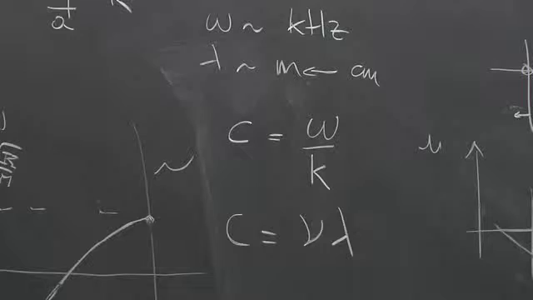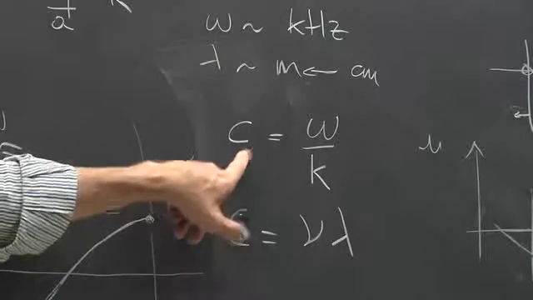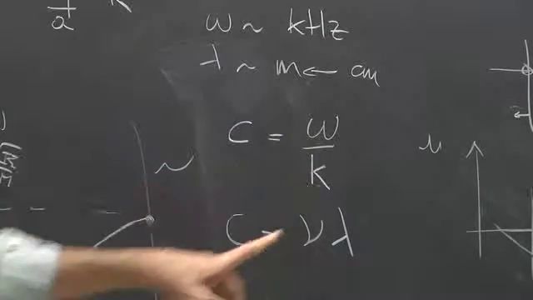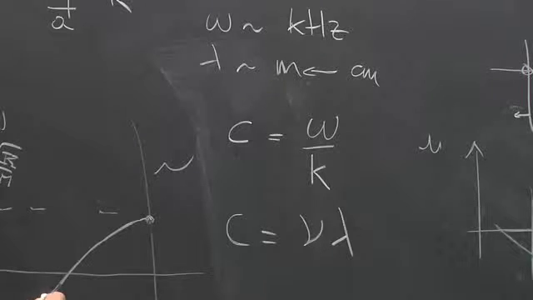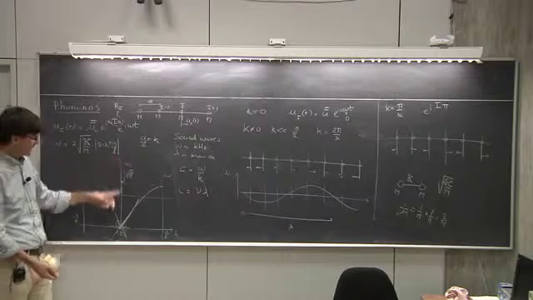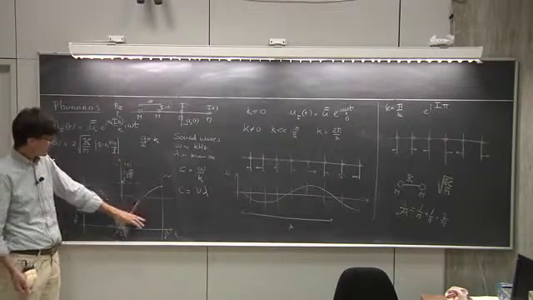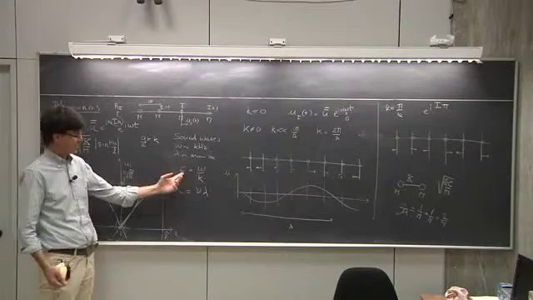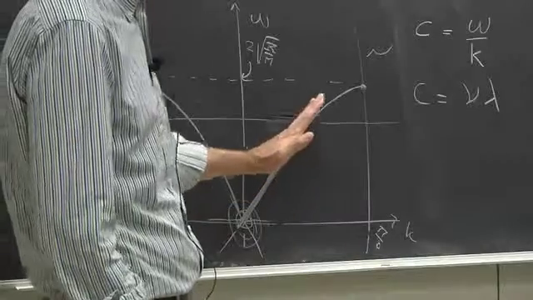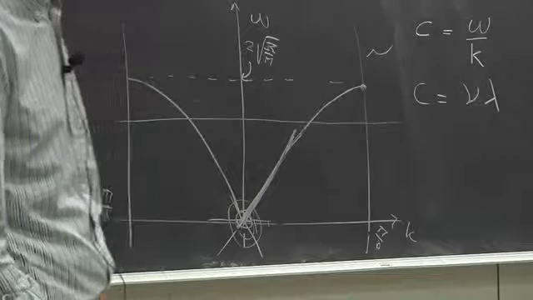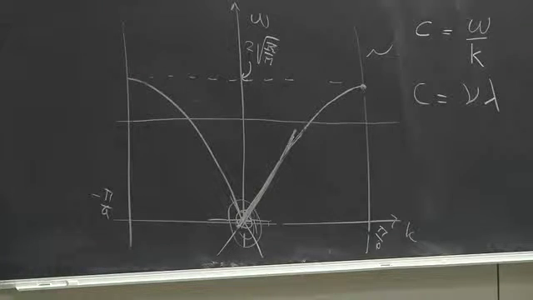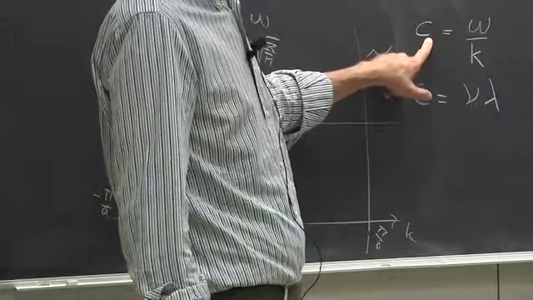Of course, here, the velocity, which is omega over k, is a constant only as long as this is a line, omega proportional to k. So there is a range of k's for which you can safely say that this is a constant. Then, of course, the slope changes, and you can no longer say that omega over k has a constant speed.